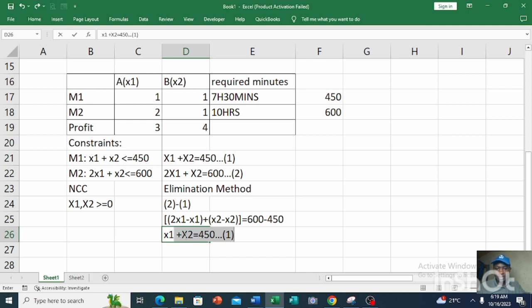So x1 plus x2 take away x2 is going to give us 0, which is equal to 600 take away 450, which is obviously 150. So x1 is equal to 150.